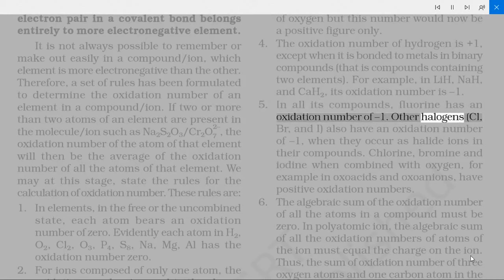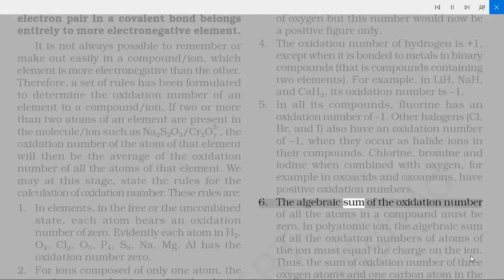Other halogens, Cl, Br, and I, also have an oxidation number of -1 when they occur as halide ions in their compounds. Chlorine, bromine and iodine, when combined with oxygen, for example in oxoacids and oxoanions, have positive oxidation numbers. 6.